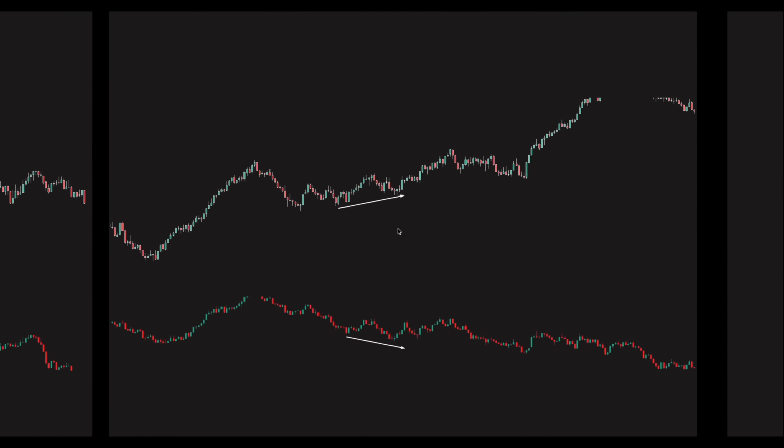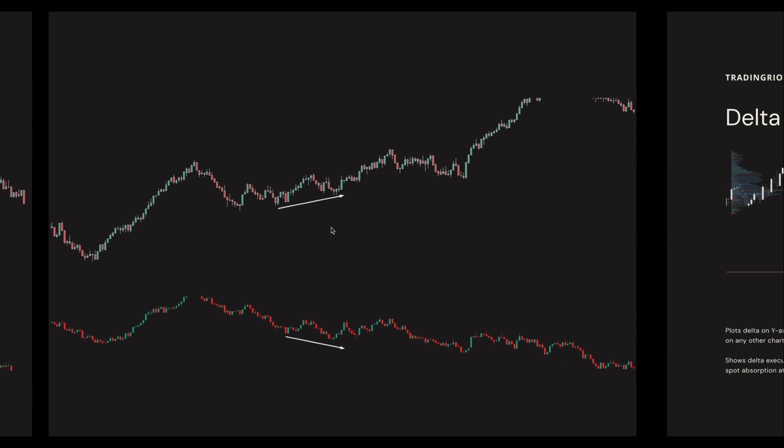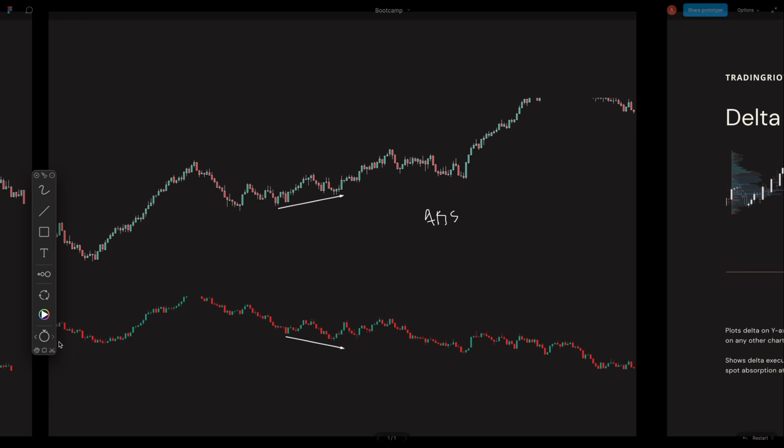So these were the two examples of cumulative volume delta. Let's make a quick recap because I know this can be kind of confusing.